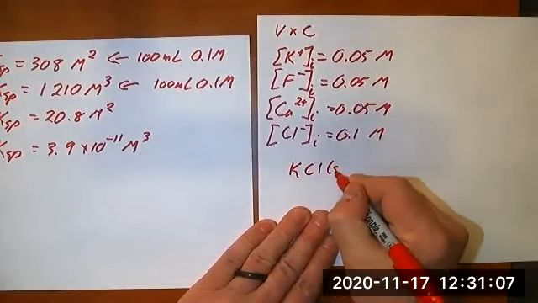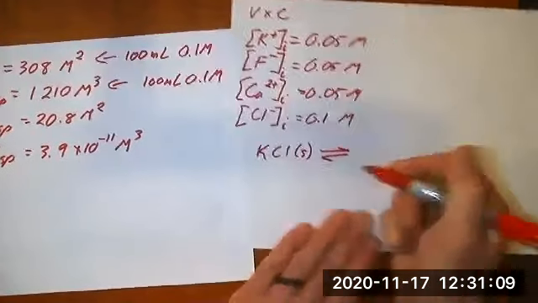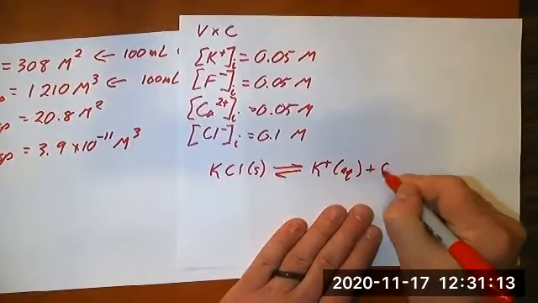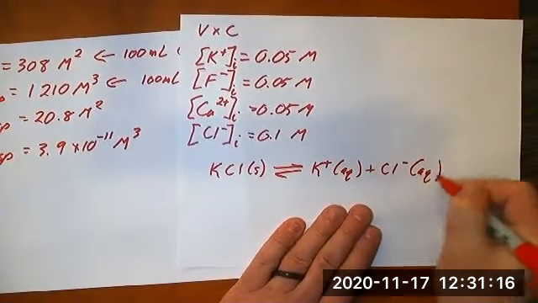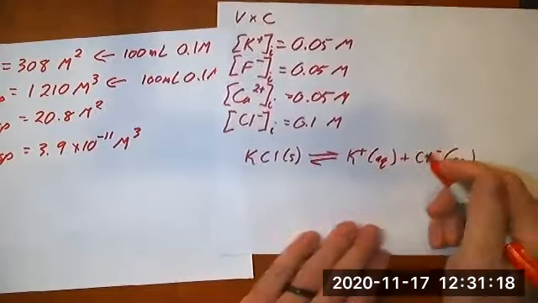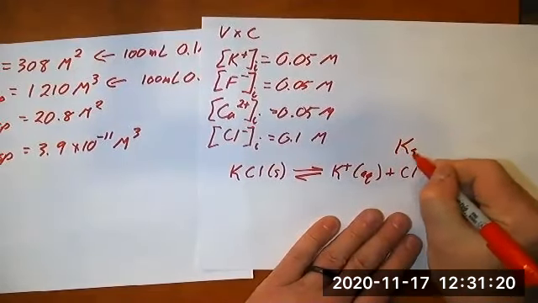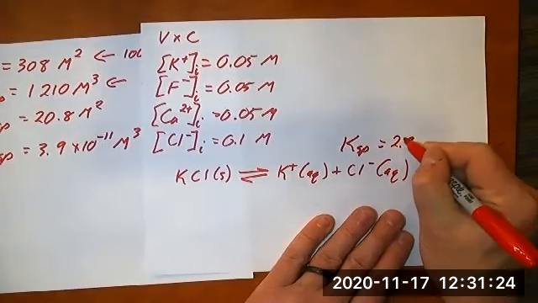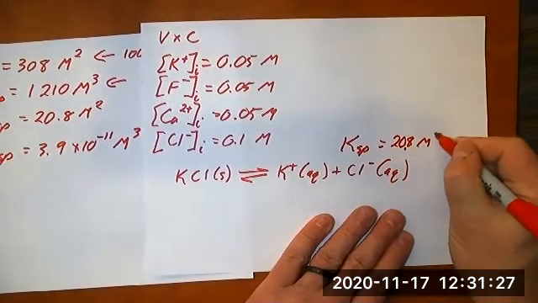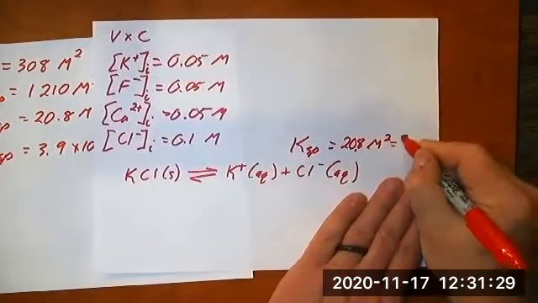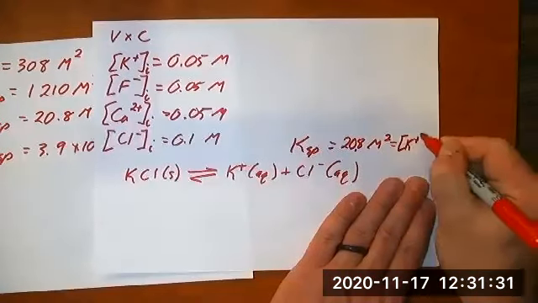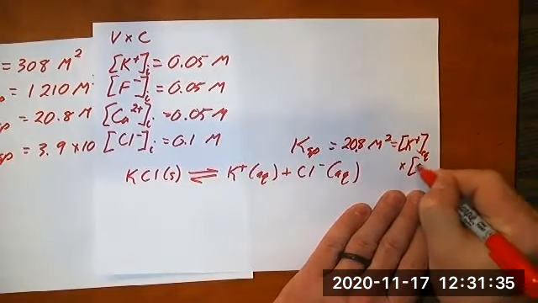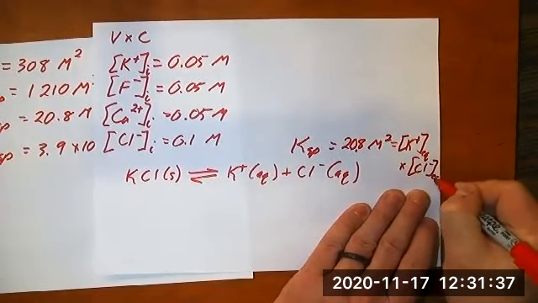KCl solid is in equilibrium with K plus aqueous and Cl minus aqueous. We have our KSP equals 20.8 molar squared, and that's going to equal the potassium ion concentration at equilibrium times the chloride ion concentration at equilibrium.